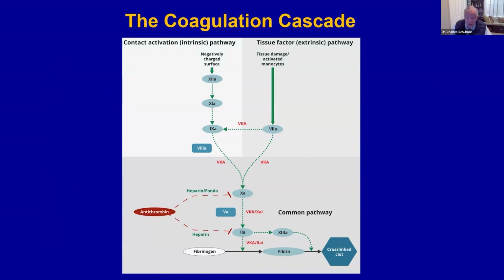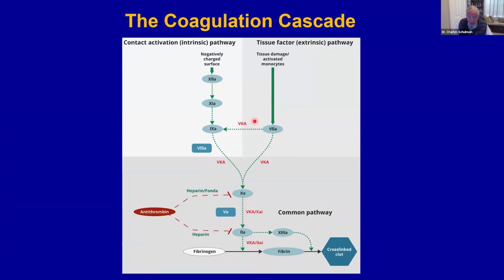So to start off, this is the coagulation cascade that we learned about in medical school. There are 2 pathways, an intrinsic pathway and an extrinsic pathway shown here with various factors, eventually leading to factor 10A. 10A in the presence of 5A becomes 2A, which changes fibrinogen to fibrin and subsequently to a cross-linked clot.